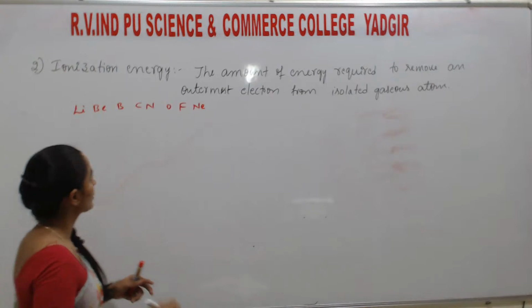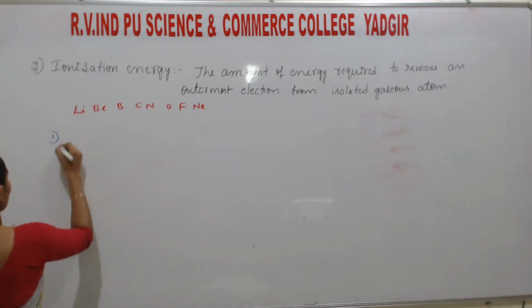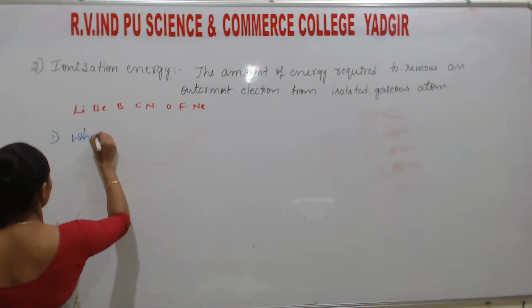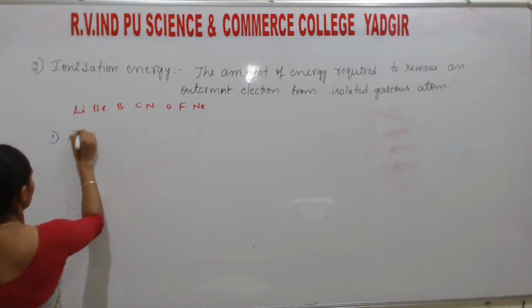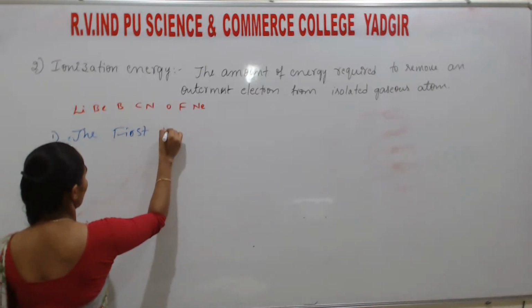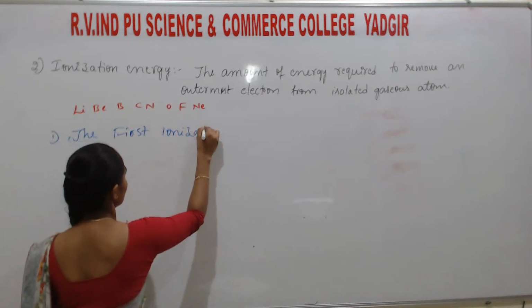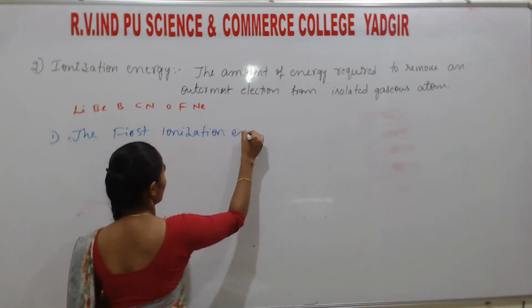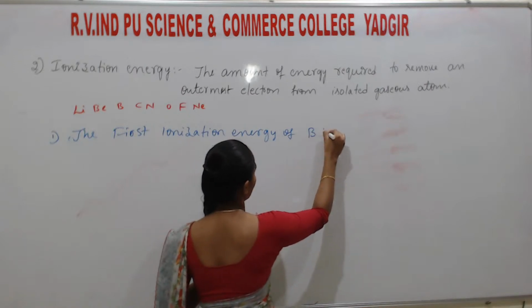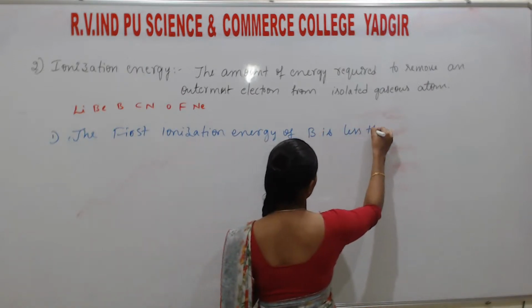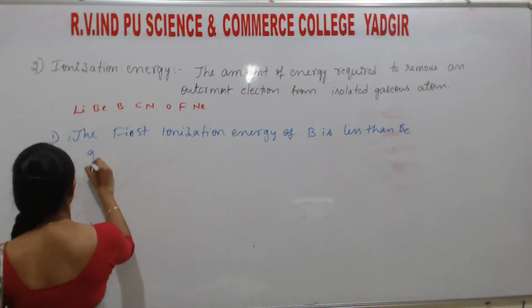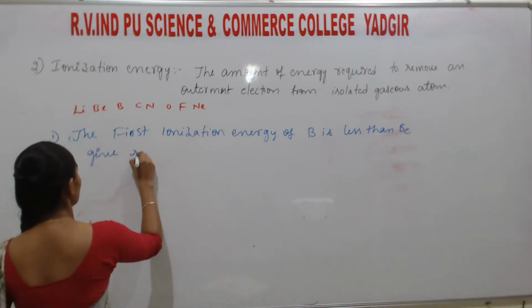Okay, write the question first. The first ionization energy of boron is less than beryllium. Give reason.